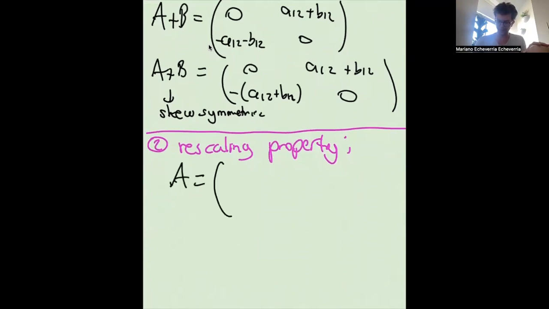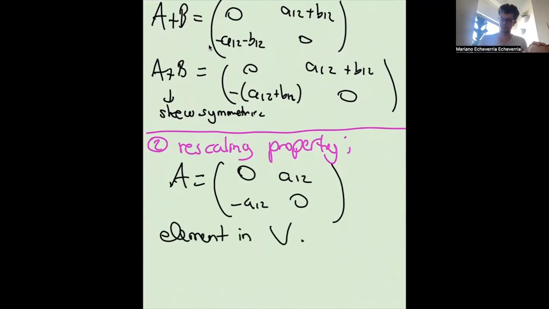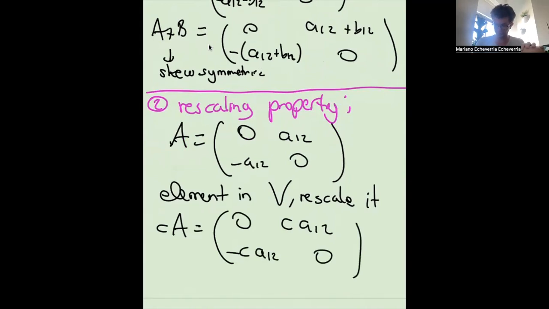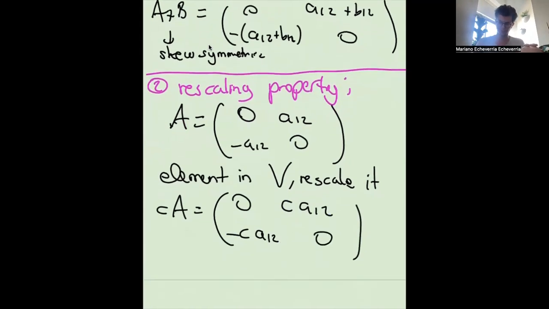It means that if you take an element inside of V, and then you scale it, so you're looking at C times A. Well, it's still clear that this entry is minus that entry. So it still continues to be skew symmetric.